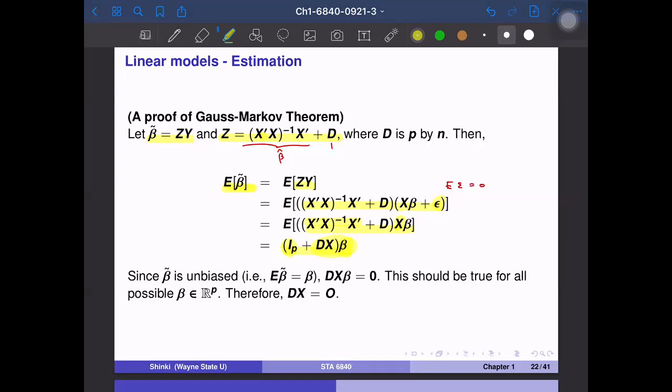Beta is actually a p-dimensional vector, p by 1. And this DX is a p by p matrix. So this should be 0 for any beta, any possible true beta. So that means the matrix DX should be the 0 matrix. So to make beta tilde unbiased, this DX should be the 0 matrix.